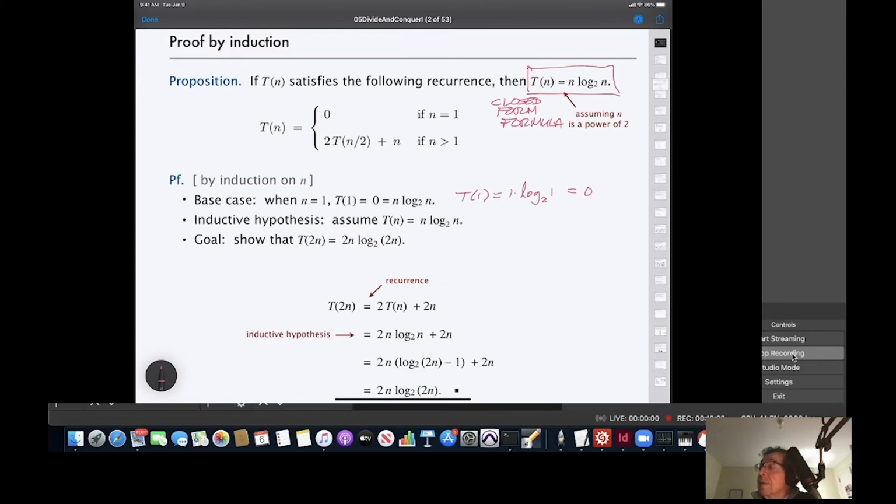So in other words, the result from the closed form formula is just the same as the result that we get from the recurrence. So the base case is proved.